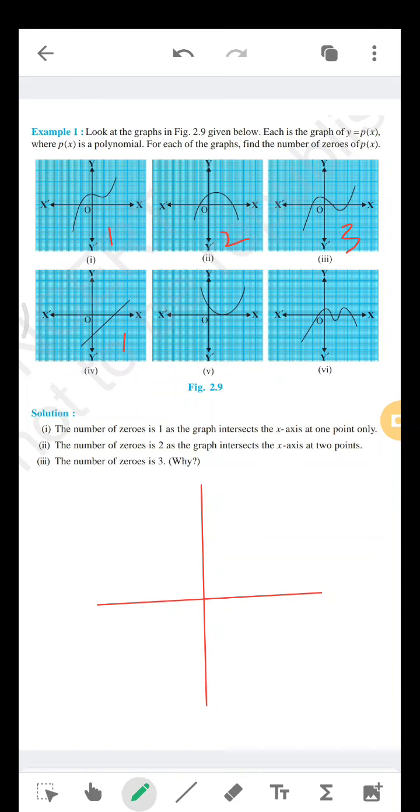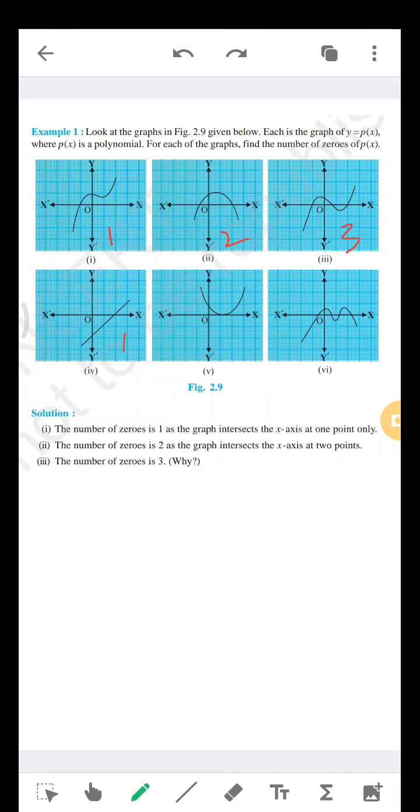Now let's draw. If I draw a straight line, this is meeting the x-axis at 1 point, so 1 zero. If I draw a curve, this is meeting the x-axis at 2 points. This is the x-axis, right? So it has 2 zeros. And if I draw like this, it has 3 zeros. So looking at the graph, we can say how many zeros. Now can you say how many zeros it has? The fifth one.